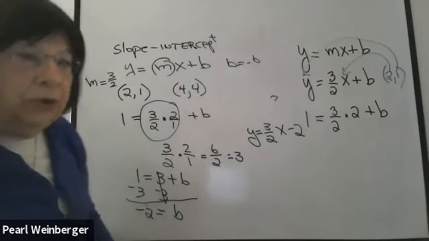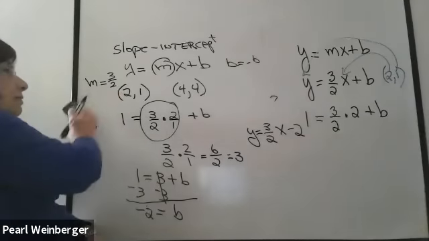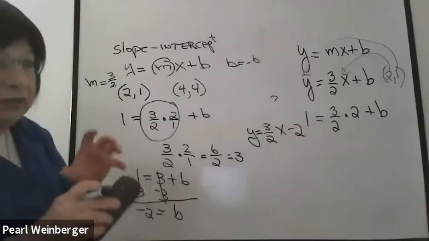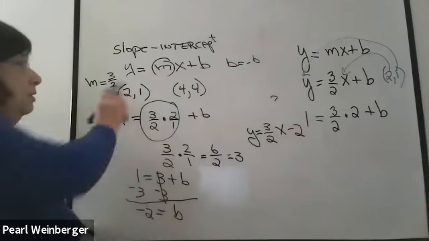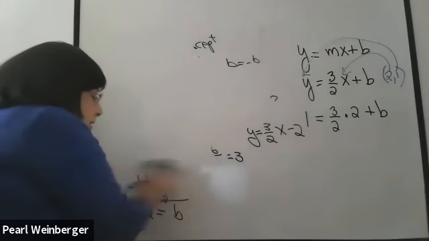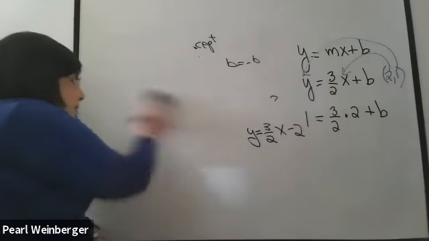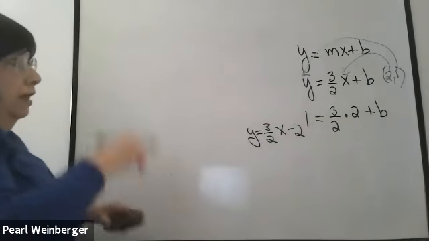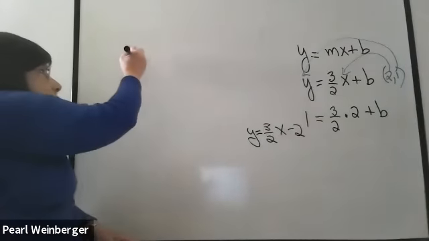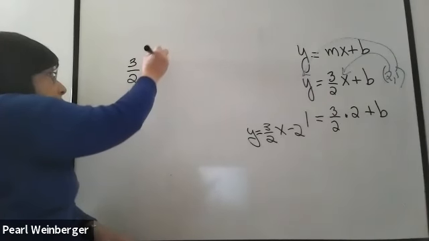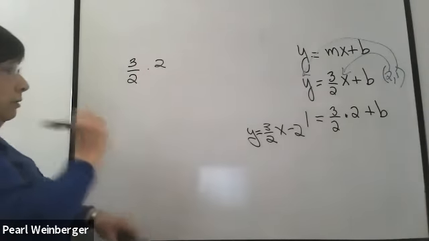Okay, so yes, Emma, I see you need more practice. We all need more practice. I'm going to do another one, because these are hard. At this point, I really would like you to get to know your calculator. Let's say you wanted to do 3/2 times 2 on your calculator.